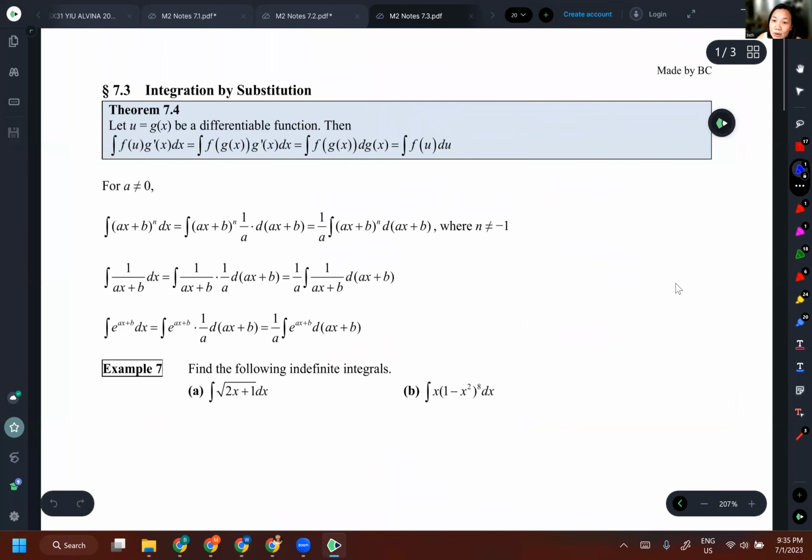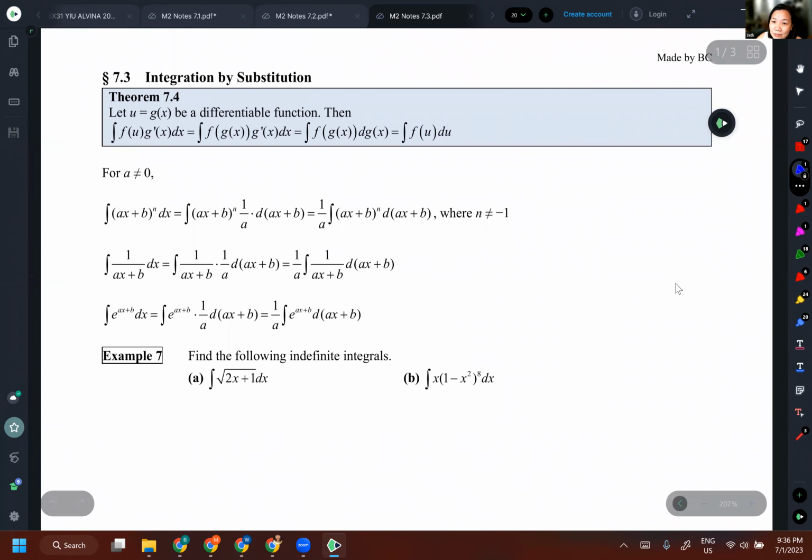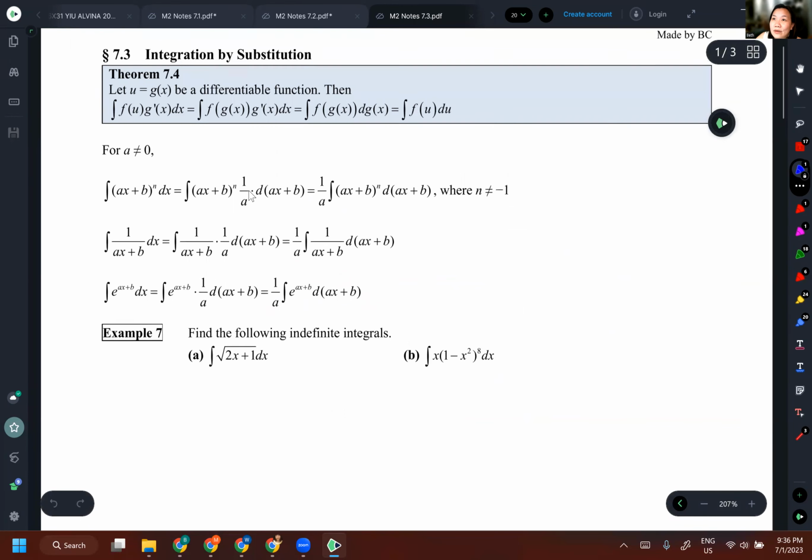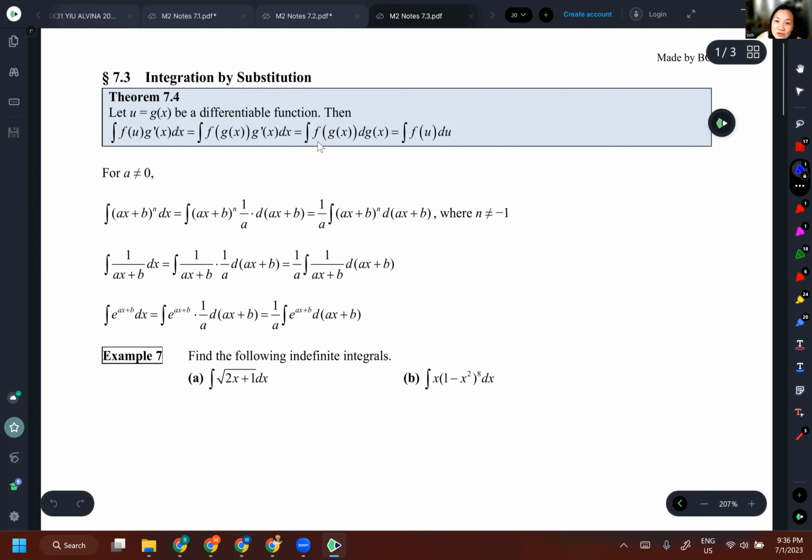Now this is when things get complicated. That is integration by substitution. This part is when integration gets really out of hand, when any of the formulas cannot be used.